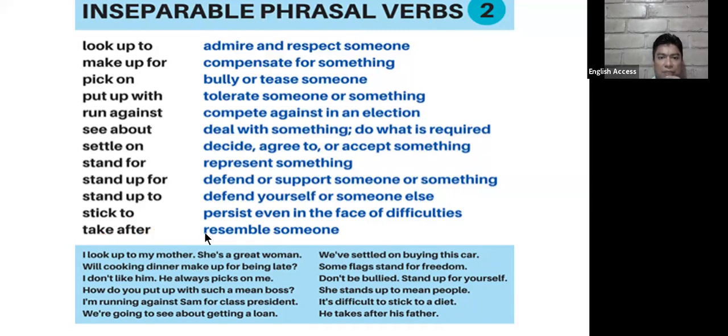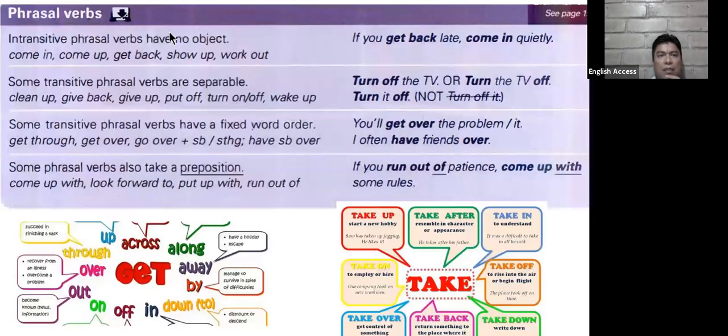Take after, resemblance. So we have intransitive phrasal verbs, which have no object. We have the examples: come in, come up, get back, show up, work out. Hold on a second.